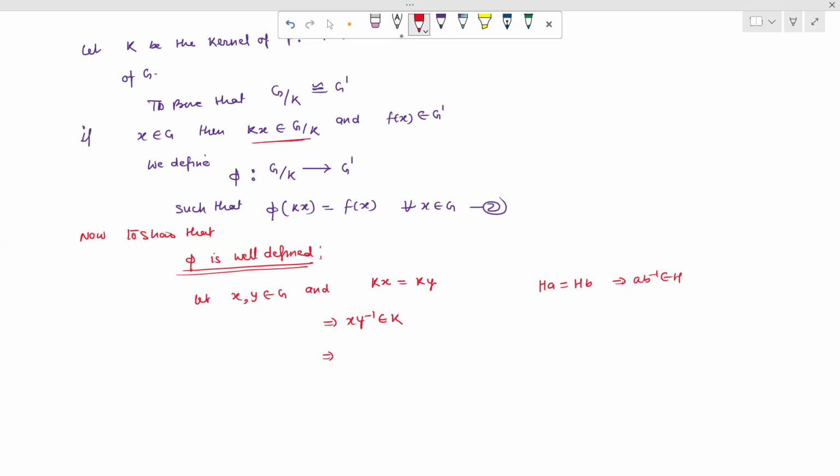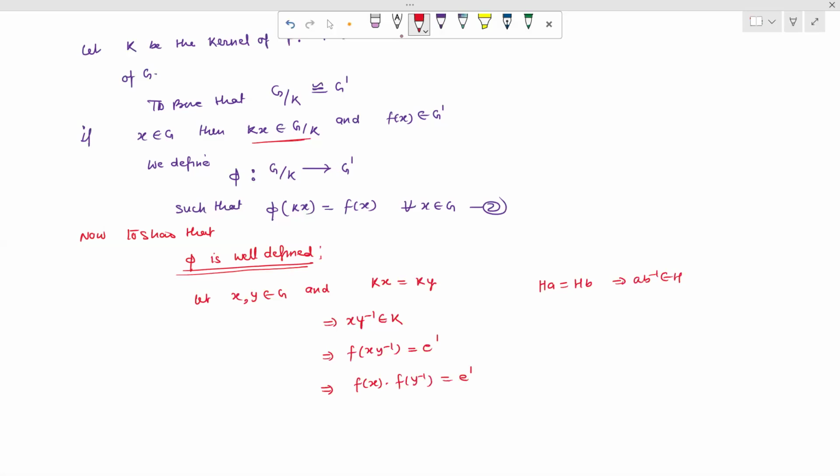Which we can write down as f of xy inverse is equal to e dash, by using the definition of kernel of homomorphism. So f of xy inverse can be written as f(x) into f(y) inverse by the definition of homomorphism.